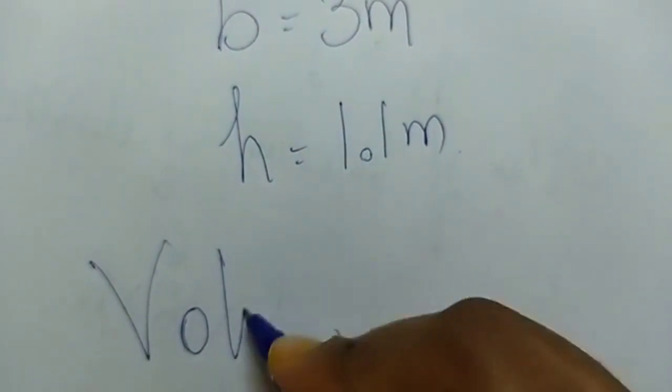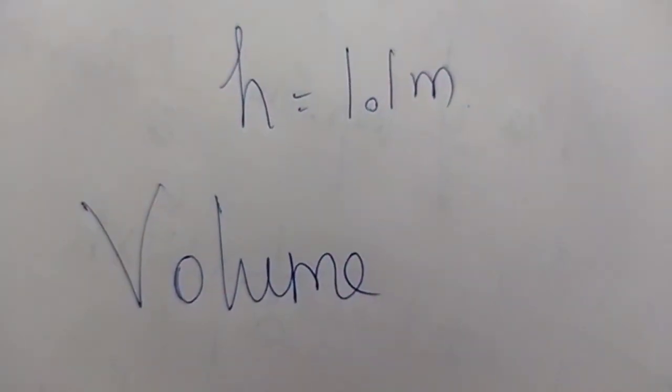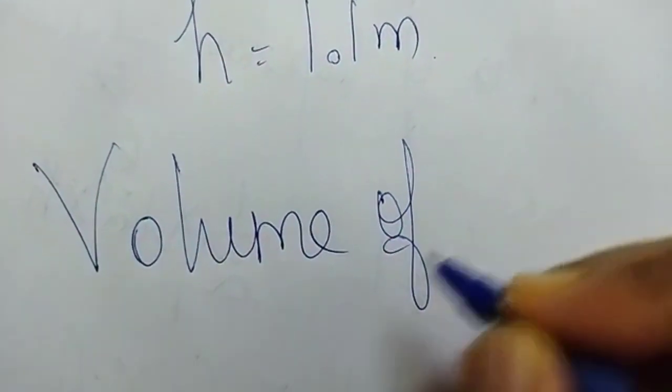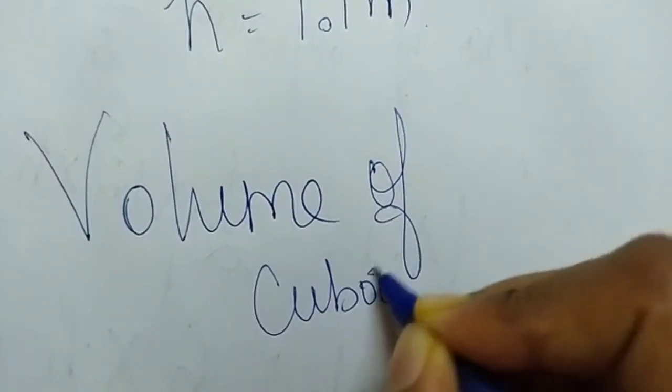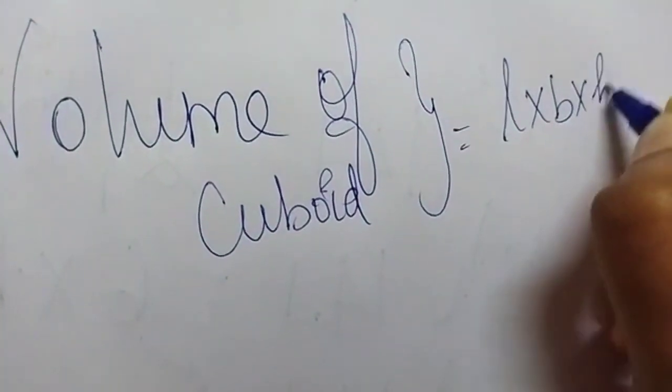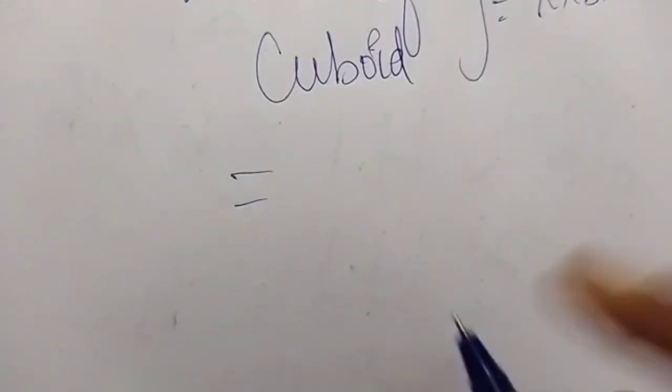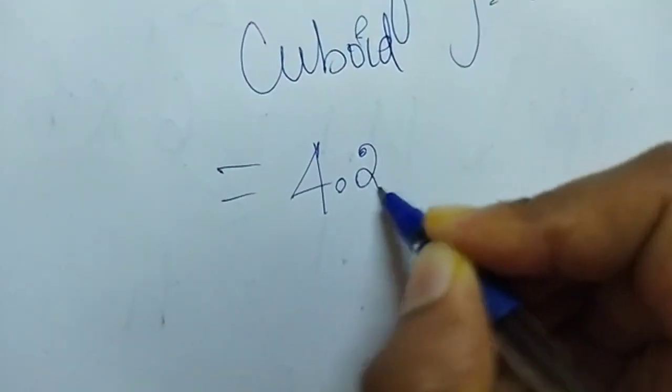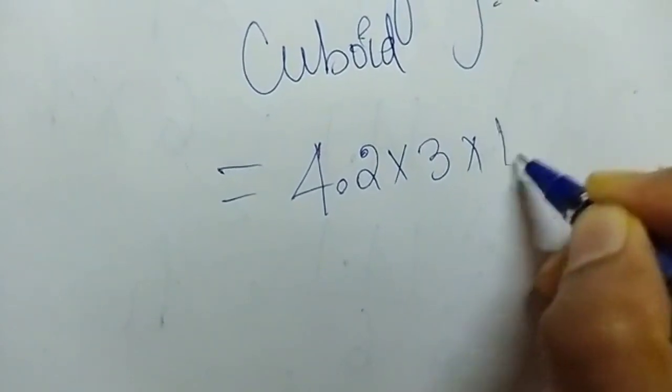Volume of cuboid, the formula is L into B into H cubic units. L is 4.2 into 3 into 1.1.